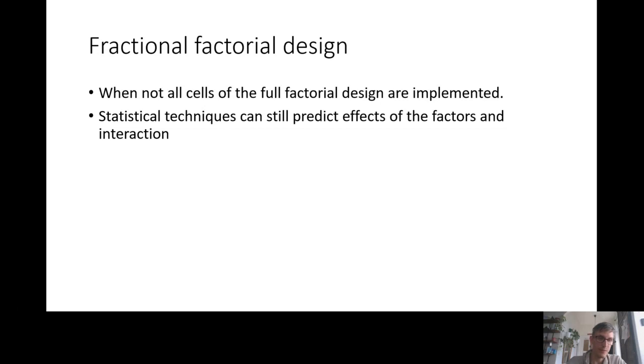But if you have enough cells filled up, you can still statistically extrapolate the expected outcome for those missing cells. So that is a fractional factorial design that is, of course, suboptimal, but if you have resource constraints, then you might choose to use such a design.